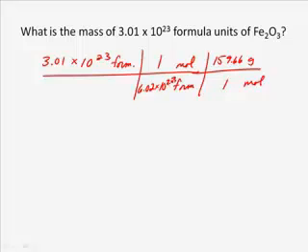So 3.01 times 10 to the 23rd divided by 6.02 times 10 to the 23rd times 159.66 gives us 79.83 grams of the iron(III) oxide.